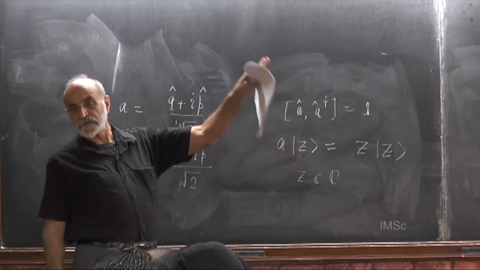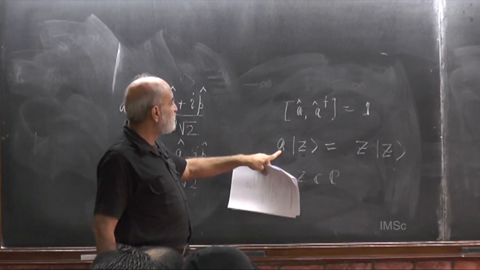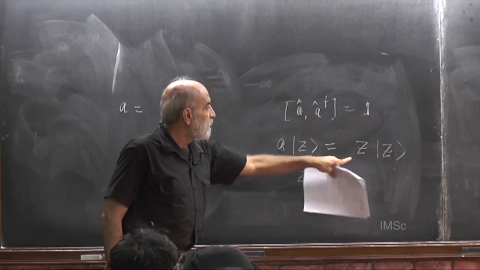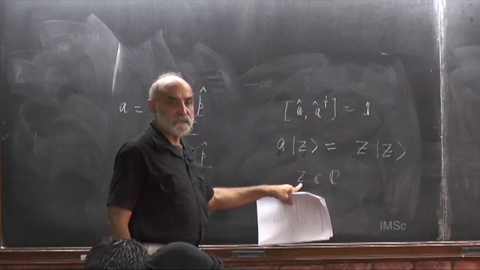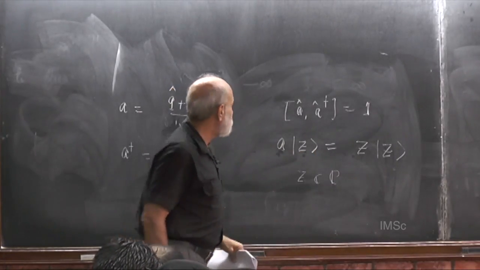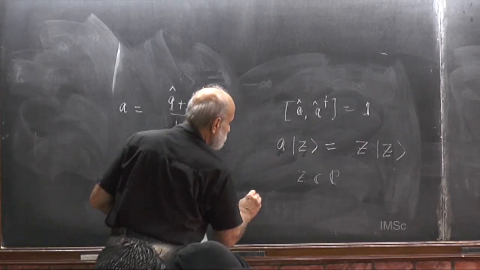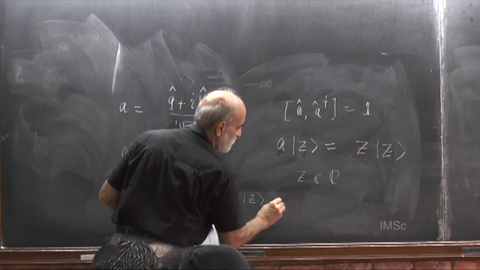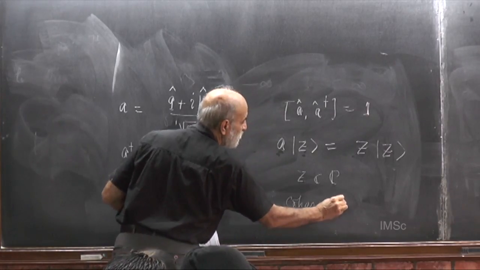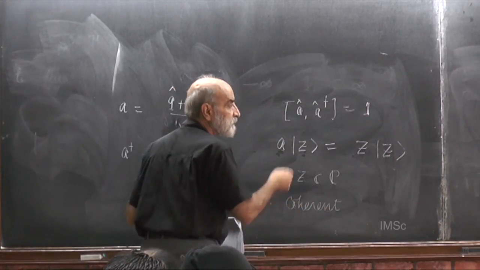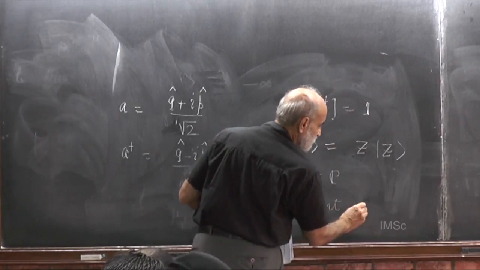There are continuous eigenstates of A labeled by a complex number z, and these are known as coherent states, for reasons that will become clear later on when we discuss quantum optics and connections to coherent states.